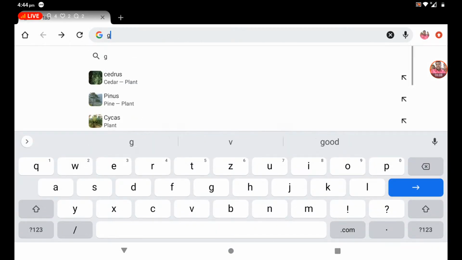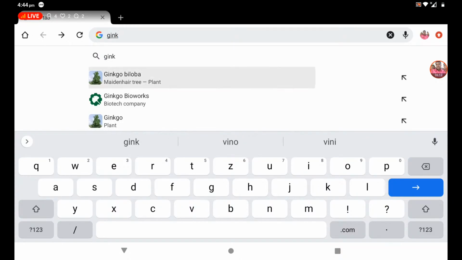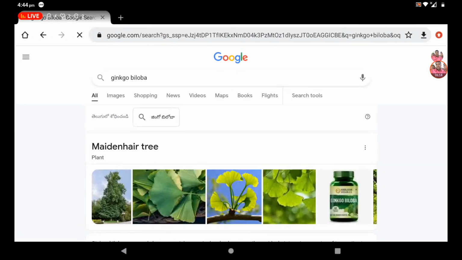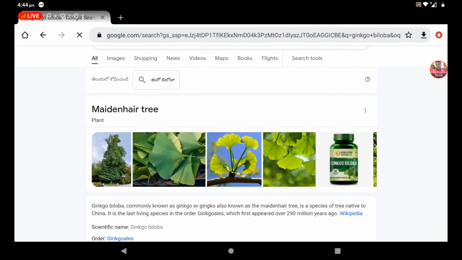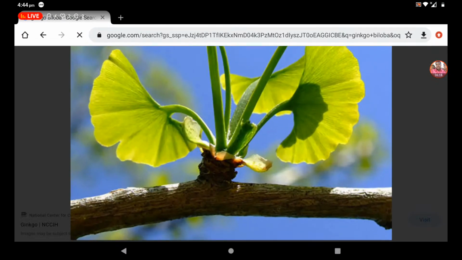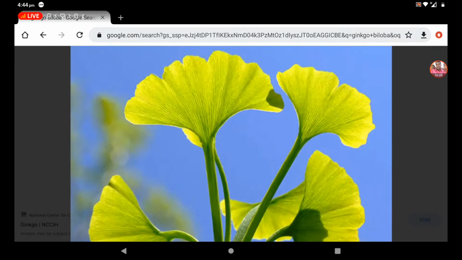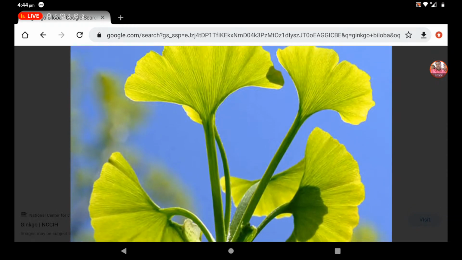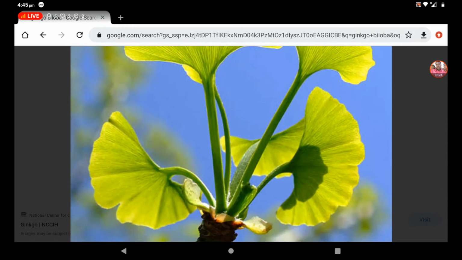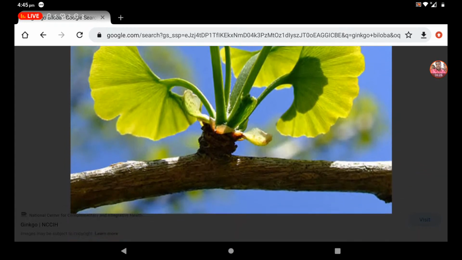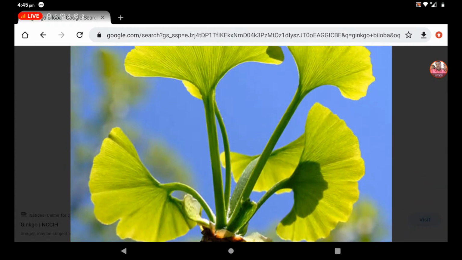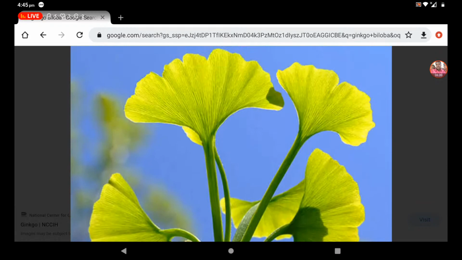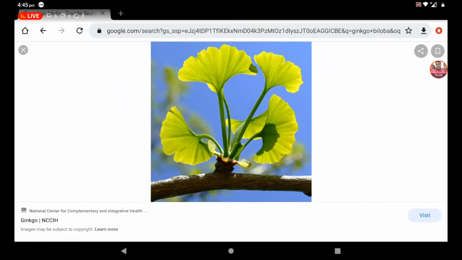And next we have ginkgo. These are the examples we have. Ginkgo biloba. Fan-like leaves are found in ginkgo. Dimorphic branching and fan-like leaves are present.